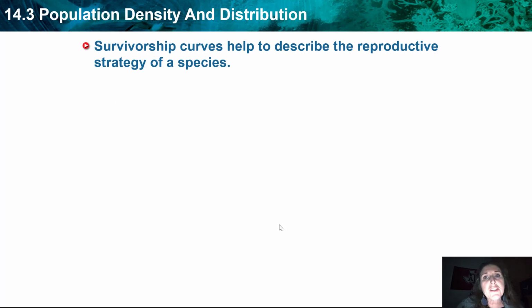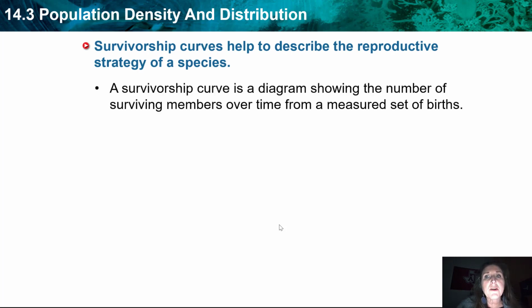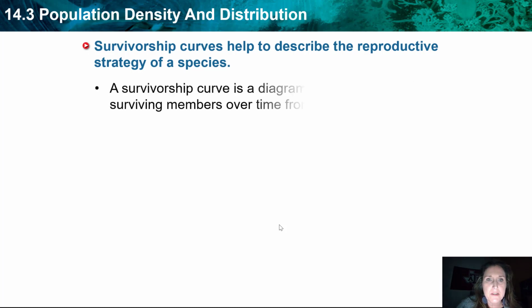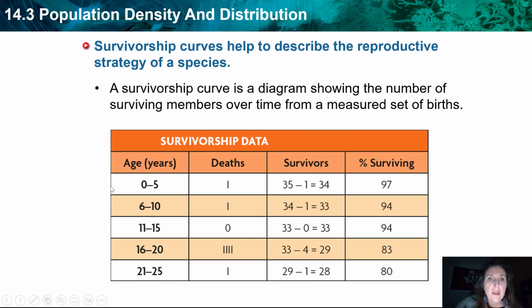All right, survivorship curve. So this is a reproductive strategy, okay? So the survivorship curve is a diagram showing the number of surviving members over time from a measured set of births. So, for instance, from age 1 to 5 years old, you have 1 die, so your survivorship is 97%.